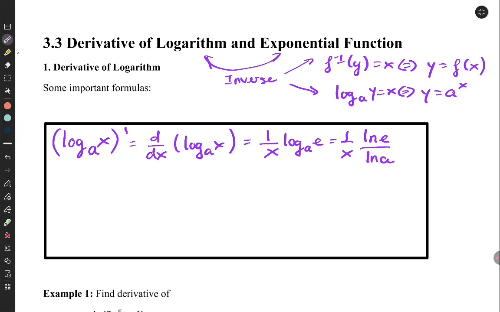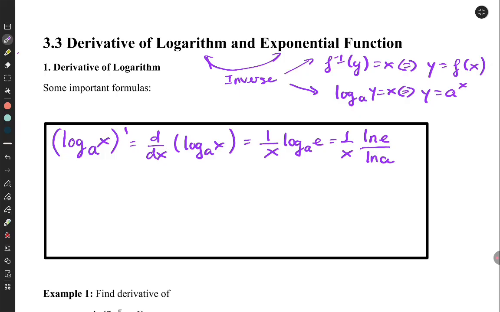In this particular case, I put e in the numerator and a in the denominator. The base is e, the natural log. You can do this as long as it is the same base on top and bottom. That's a property of logarithm.